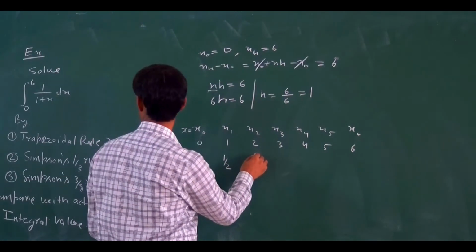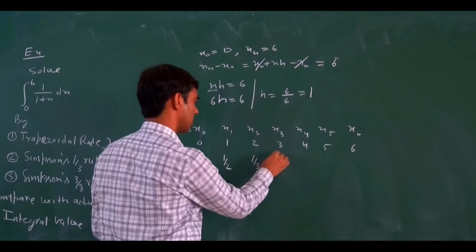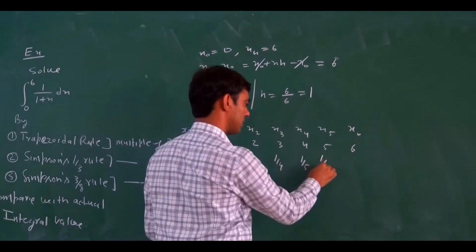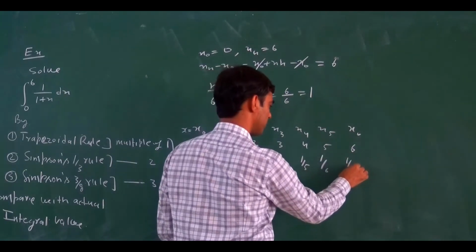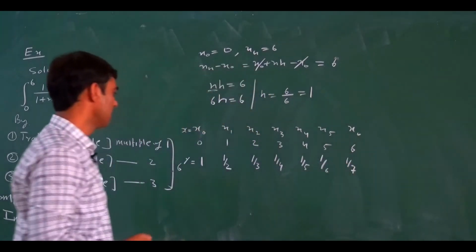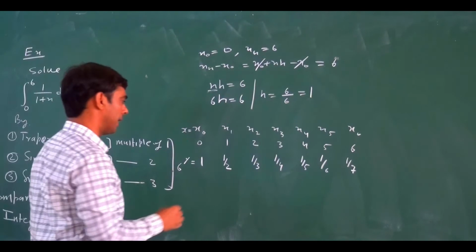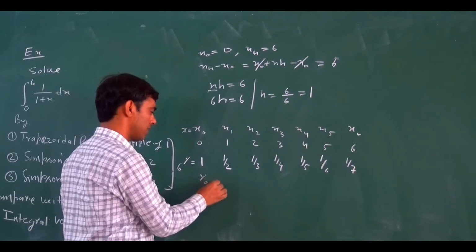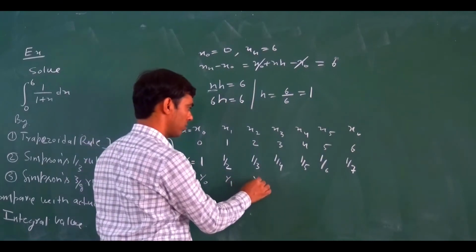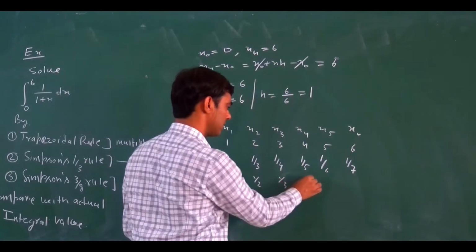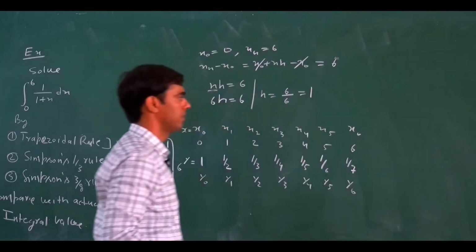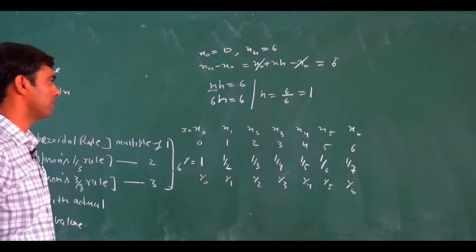Now 1 by 2, 1 by 3, 1 by 4, 1 by 5, 1 by 6 and 1 by 7. These are the values of y, and in notational form they are y0, y1, y2, y3, y4, y5 and y6. So these are the values.